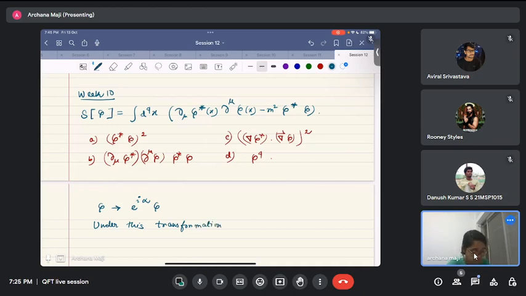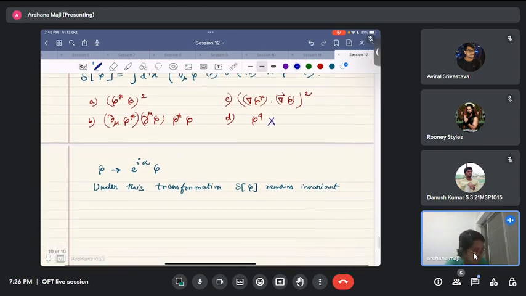So this action satisfies this U1 symmetry. So for this to be a symmetry, you must have phi star phi combination. So this term satisfies that, this term also satisfies that, this also satisfies that, but this doesn't. So immediately this is out of the options. It doesn't satisfy U1 symmetry.